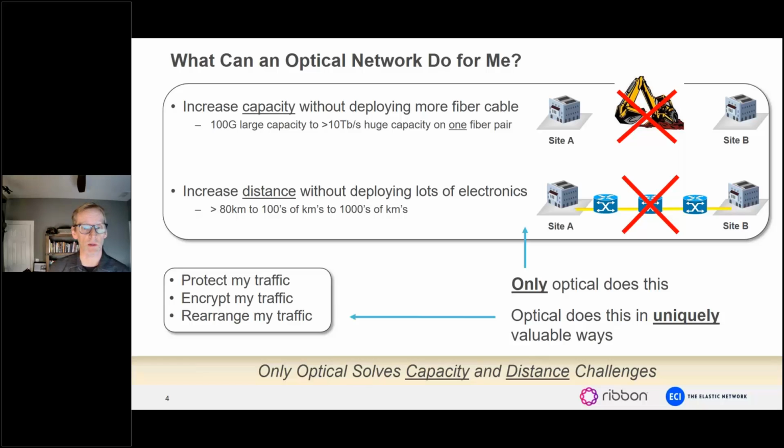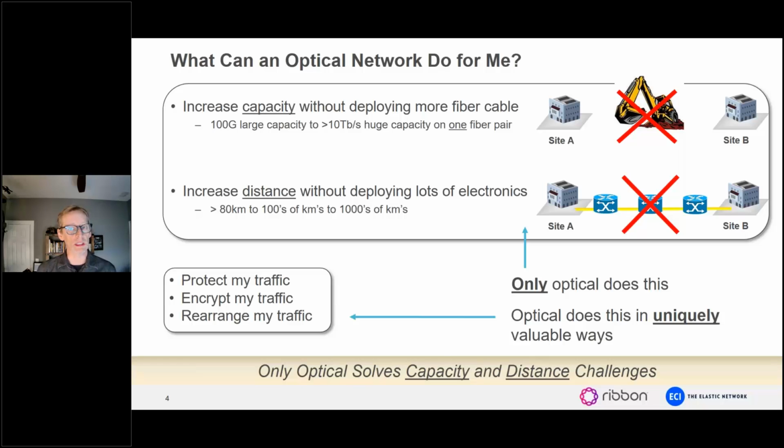That technology is available. The second thing an optical network can do for you is increase distance without deploying a lot of electronics. If site A and site B are very far apart, and all you have is a SONET network or an Ethernet network, you would have to cascade multiple pieces of electronics to regenerate or repeat that signal, and that's very, very expensive.